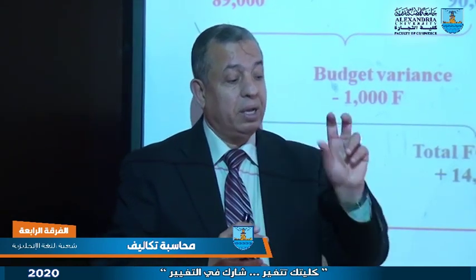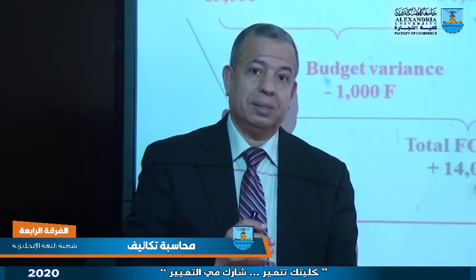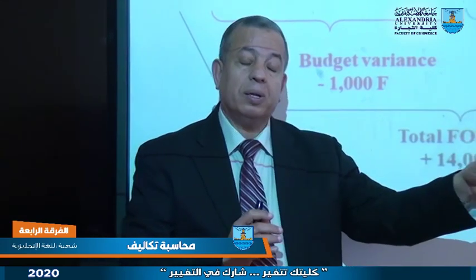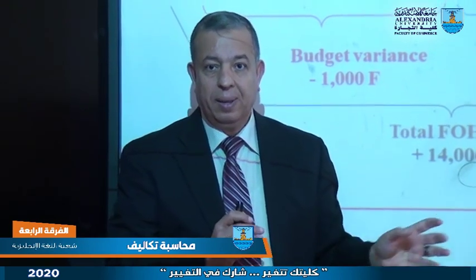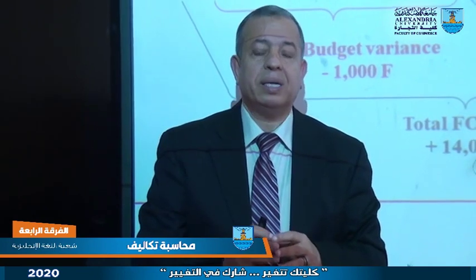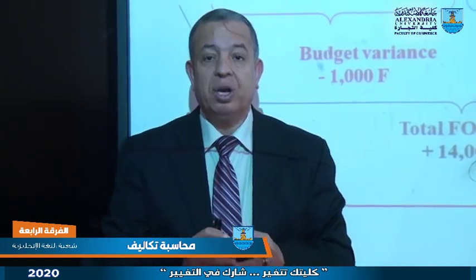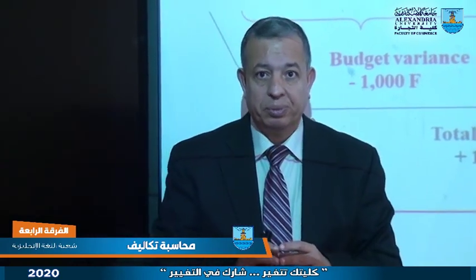So I will calculate the total variance of variable and analyze, and then the total variance of fixed and analyze. Okay? In direct material, direct labor, and variable overhead, I can use equations and performance report. But only for fixed, I will use performance report. Okay?